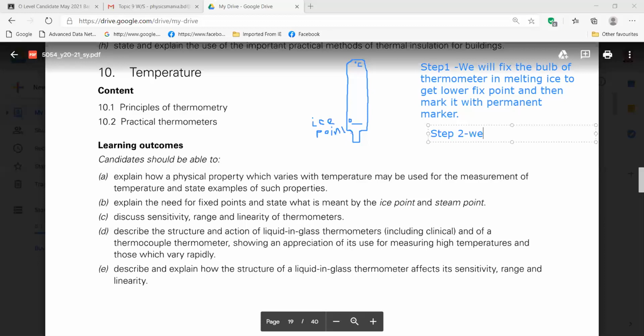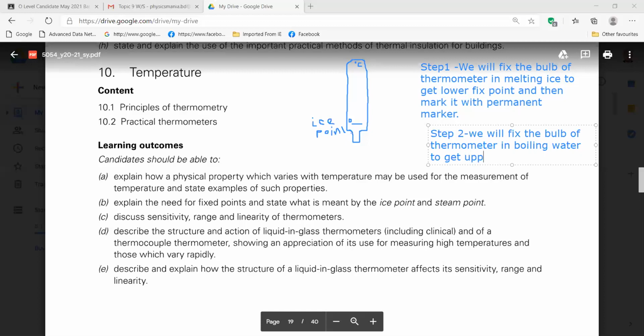We will fix the bulb of the thermometer in boiling water to get the upper fixed point, right?